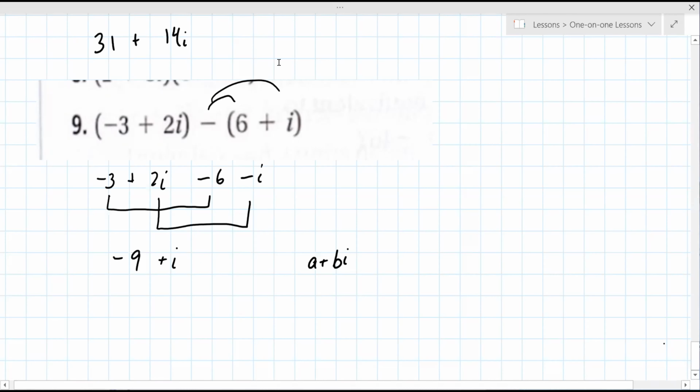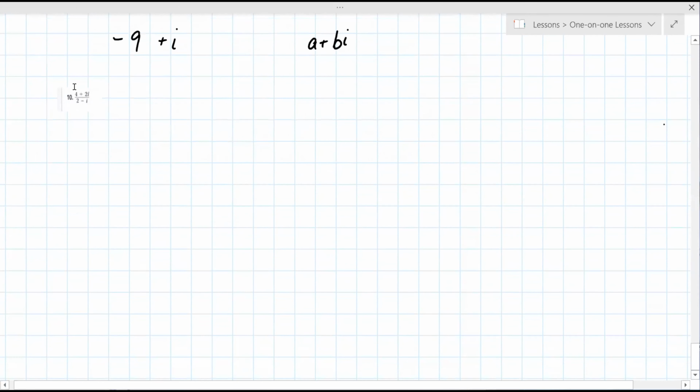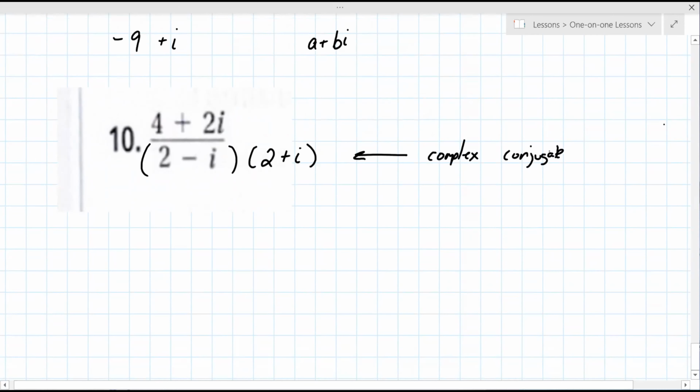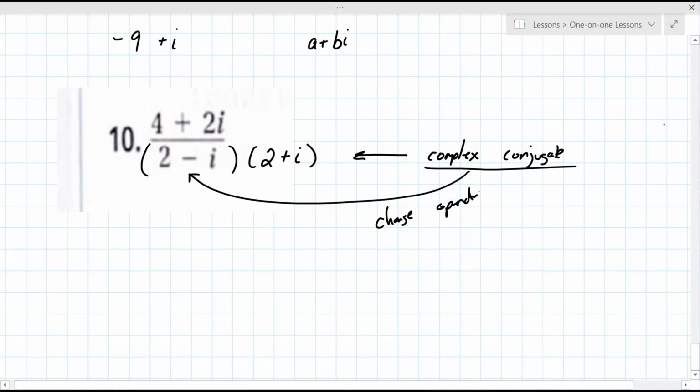Easy enough here. Now what happens here is you're up to number 10, and maybe you're like, oh, I got it, no big deal. Number 10 requires a special sort of understanding of these problems, how to do it. There's what's called the complex conjugate, and I usually spend a lot of time working on what the complex conjugate is, and all it is is you change the operator. So for the complex conjugate, you change that operator, and you multiply the top and bottom.